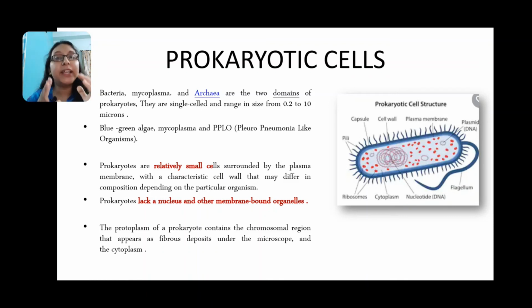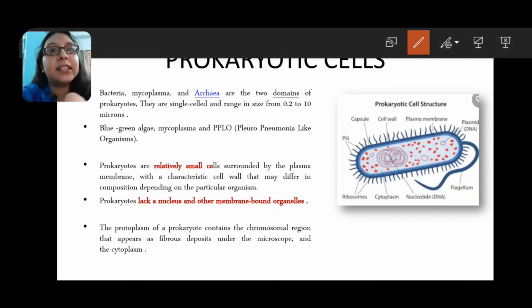And there are some basic features which differentiate these prokaryotic cells from the eukaryotic cells. What are they? These cells are relatively smaller in size. Second, they lack a nucleus. And the third important characteristic is that they have no membrane-bound organelles.